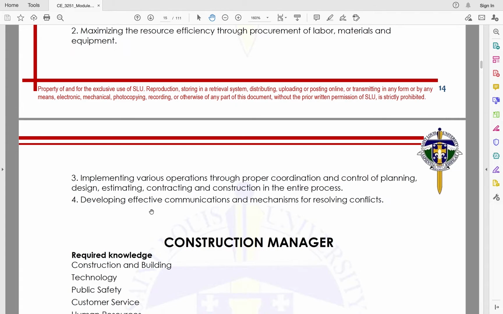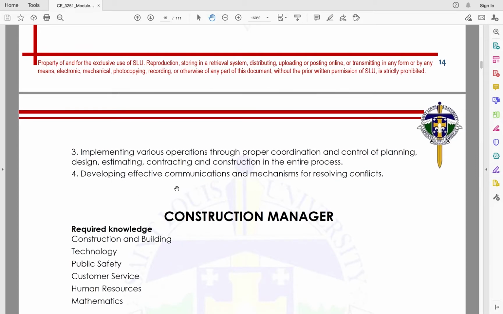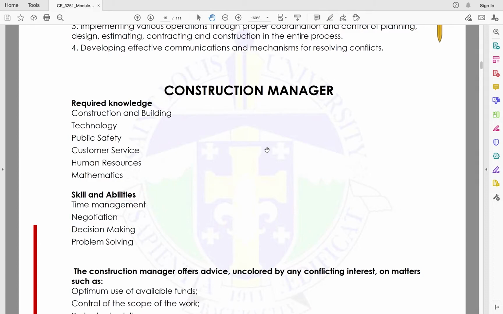As a project manager or construction manager, you should be effective in communication. Okay, construction manager. So what are the required knowledge?